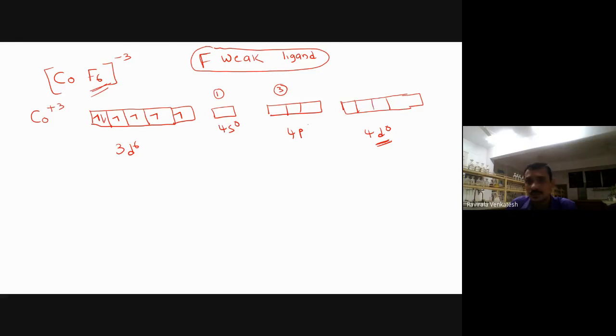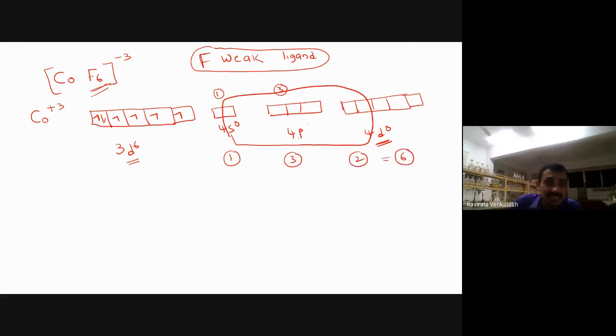Now, in the place of the 3d orbitals, 1 s orbital, 3 p orbitals and 2 d orbitals are involved in the hybridization, not all the d orbitals. From here 1, from here 3, from here 2, the total becomes 6, because there are only 6 ligands.